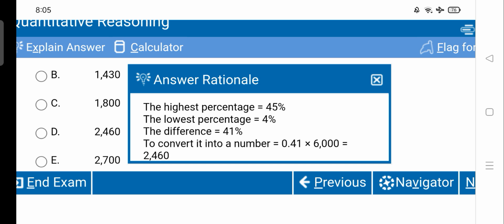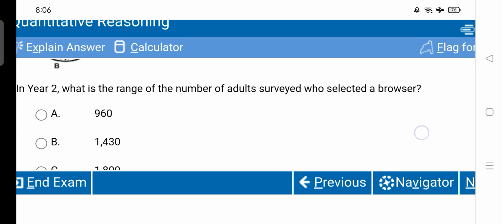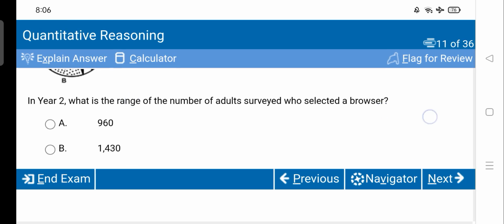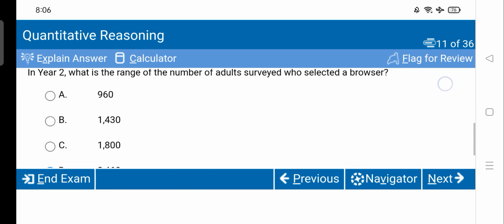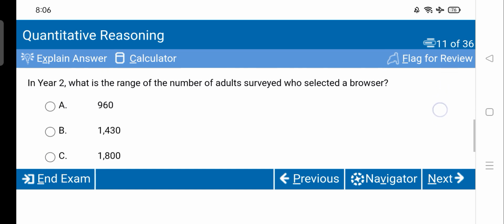To convert it into a number, 0.41 multiplied by 6000 equals 2460. So that means the correct option is option D, which is 2460. This is the range of the number of adults surveyed who selected a browser in year 2.